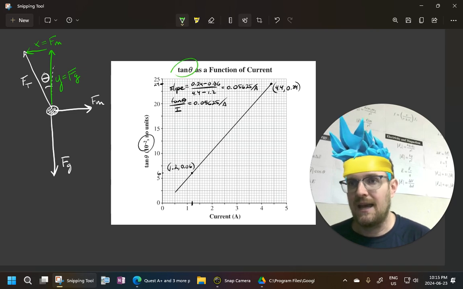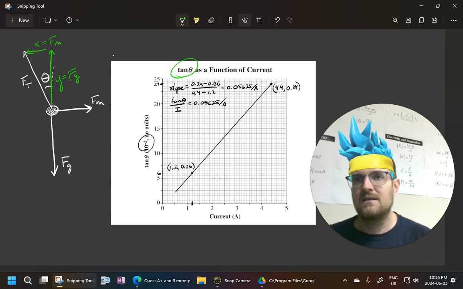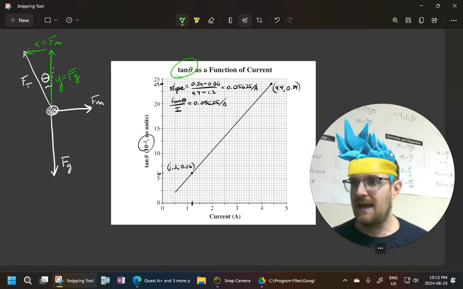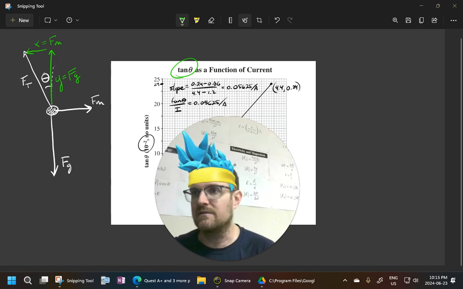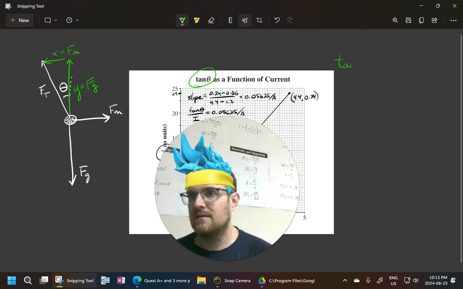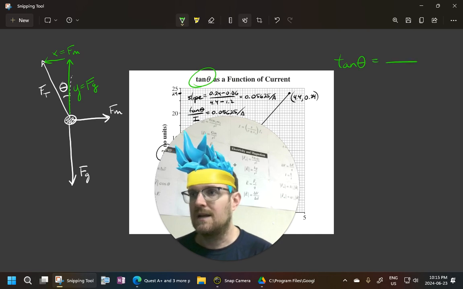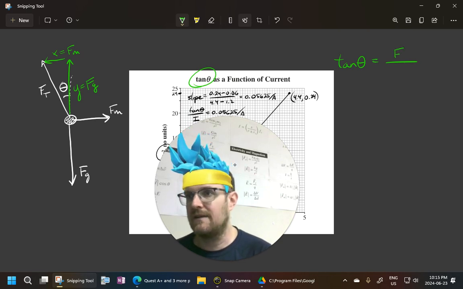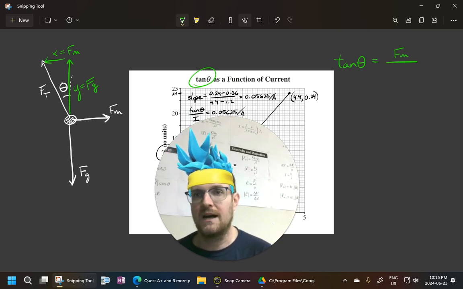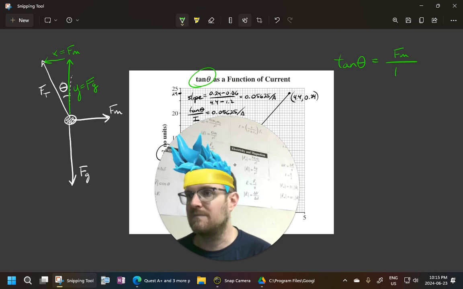That's why they use tan in this graph, right? So if I were to write this out as tan, I'm going to put that on the other side over here. So I'm going to go tan theta, and I'm going to write out the math here. The math here would be the opposite, x, which is my F_M, over my F_G, which is my adjacent.